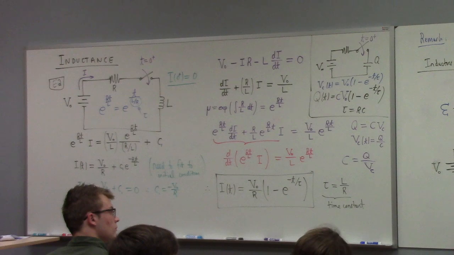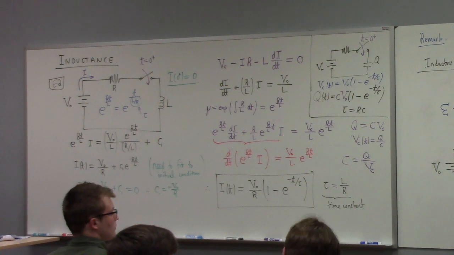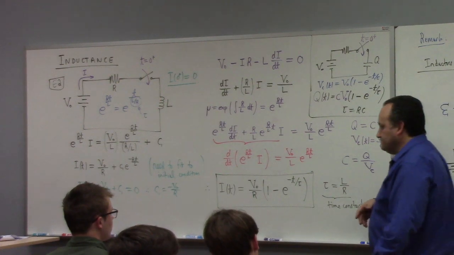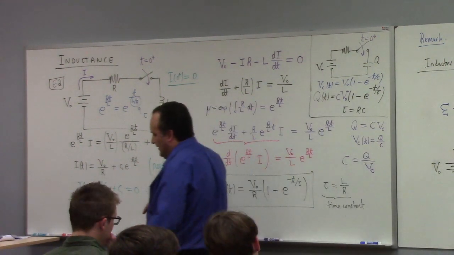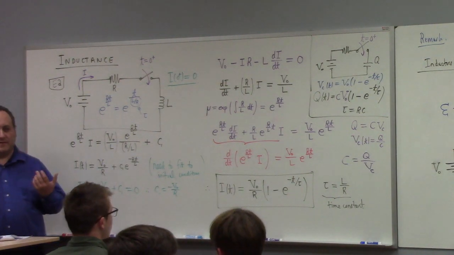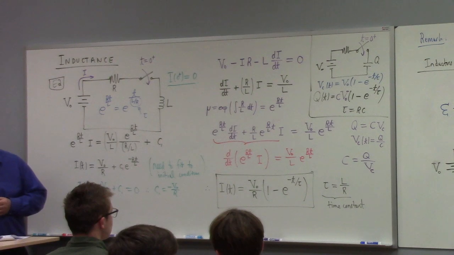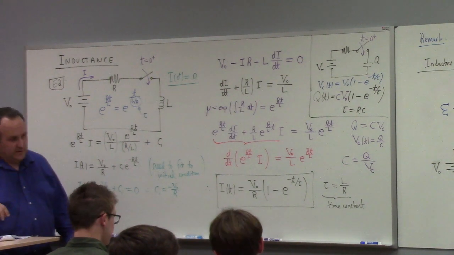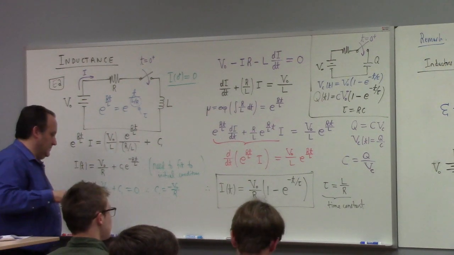It's due to the current in another coil. So you're creating a magnetic flux through one coil from a current in another coil, but they're coupled. We also need to look at how we quantify the energy in a magnetic field. I think I've got enough time for that. Let's do that. So, magnetic energy.